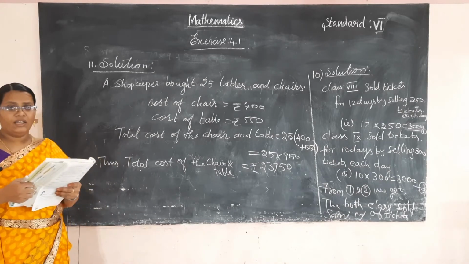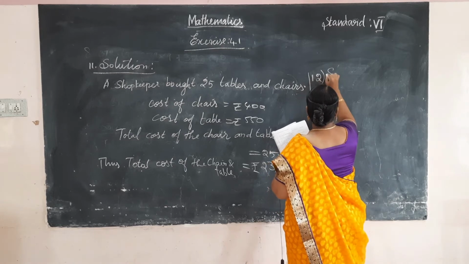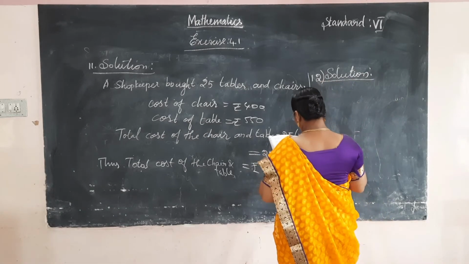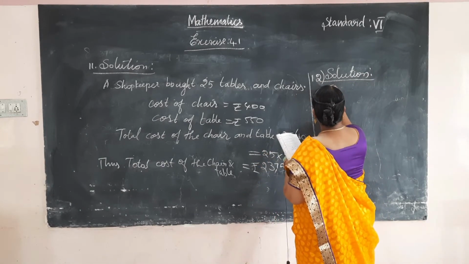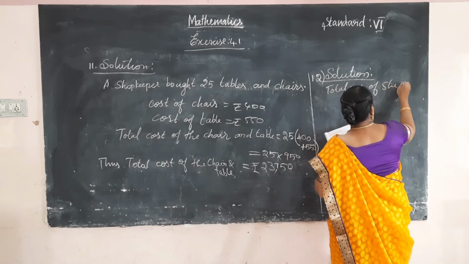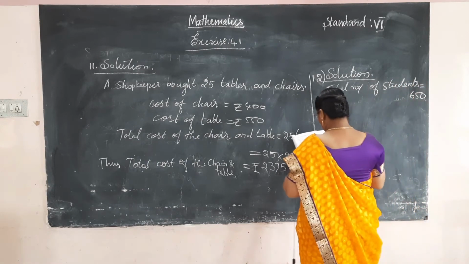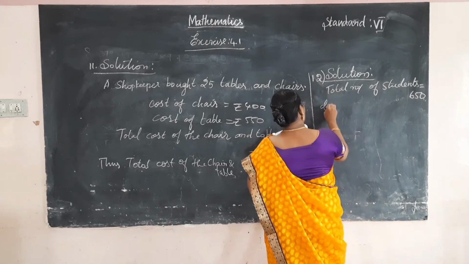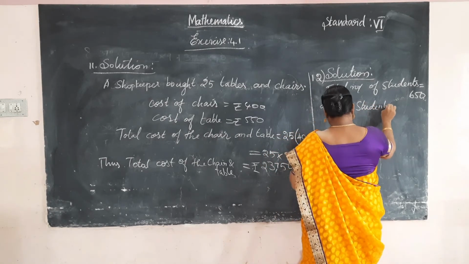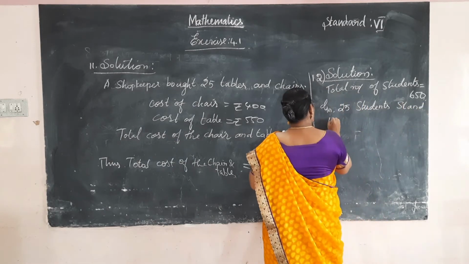So here divide the total number of students. Okay, so total number of students is equal to 650, and given 25 students stand in each row.